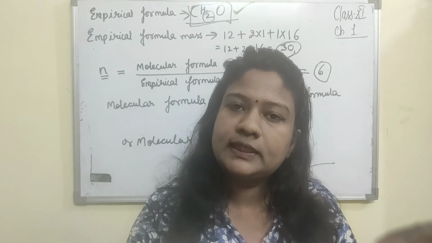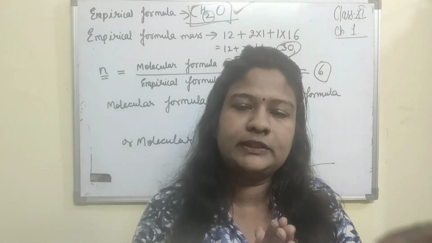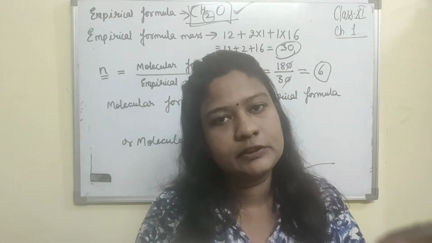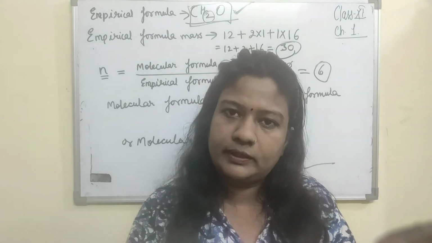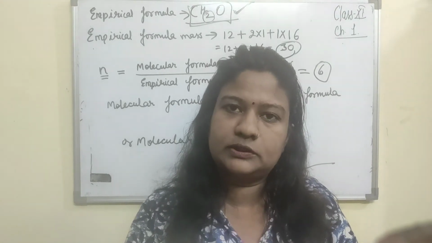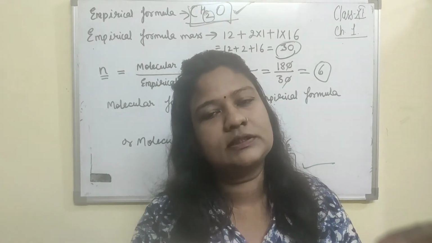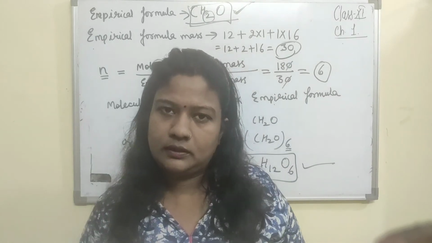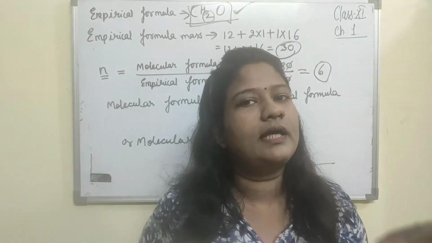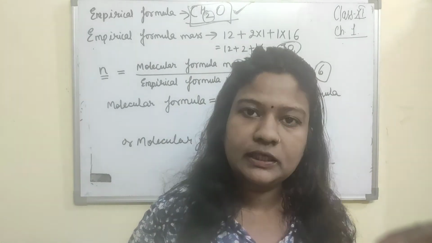Second step was to divide all the obtained values by the smallest value to get the mole ratio. Third step, when you get the whole number ratio of the atoms of the elements present in the compound, was to write its empirical formula.